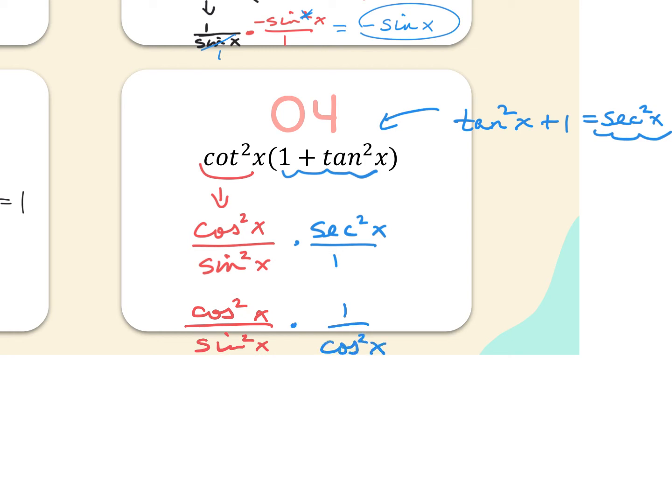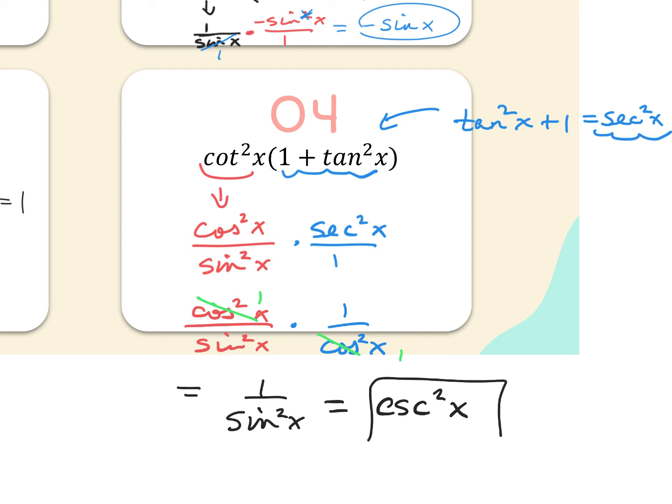And now I can cross simplify with the 2 cosines. And now I'm left with 1 over sine squared x. Remember, you don't want to leave anything as a fraction. So now I'm going to do the reciprocal of sine, which is going to be cosecant. And there's your final answer.